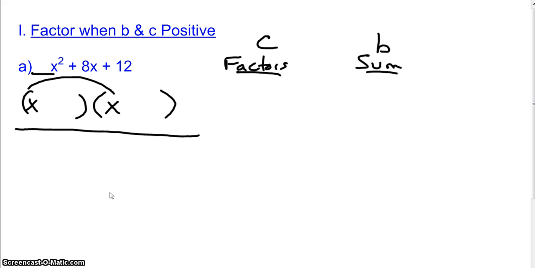Okay? Now, both of these terms, 8x and 12, are positive. Now remember, we get the last term when we FOIL the last 2 terms in these binomials. So something times something gives us 12. So what do we have?